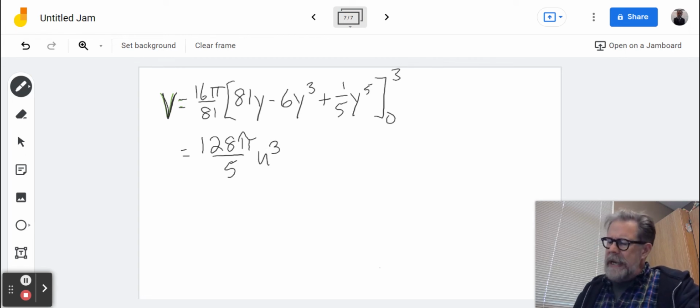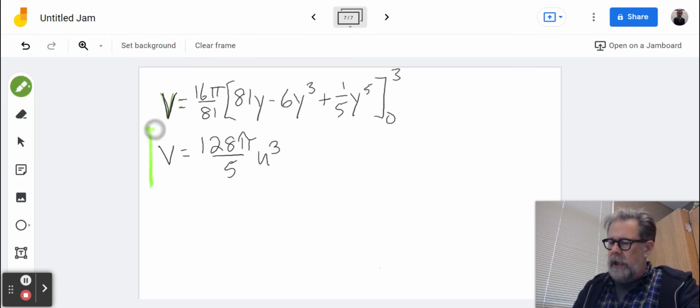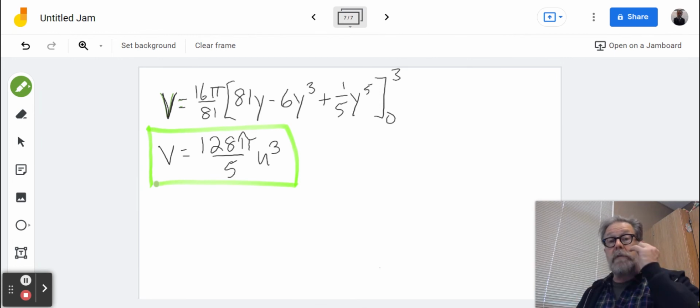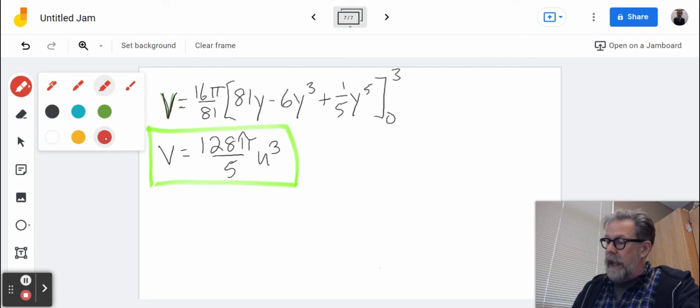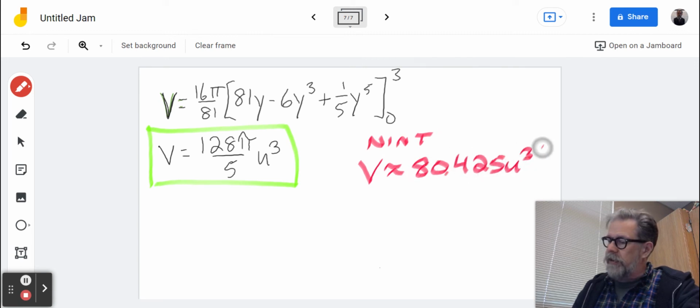This of course is an exact answer. It has the advantage of being exact to as many decimal places as you need. Or I could put it into my calculator using my numerical integration feature, and I would come up with 80.425 cubic units.